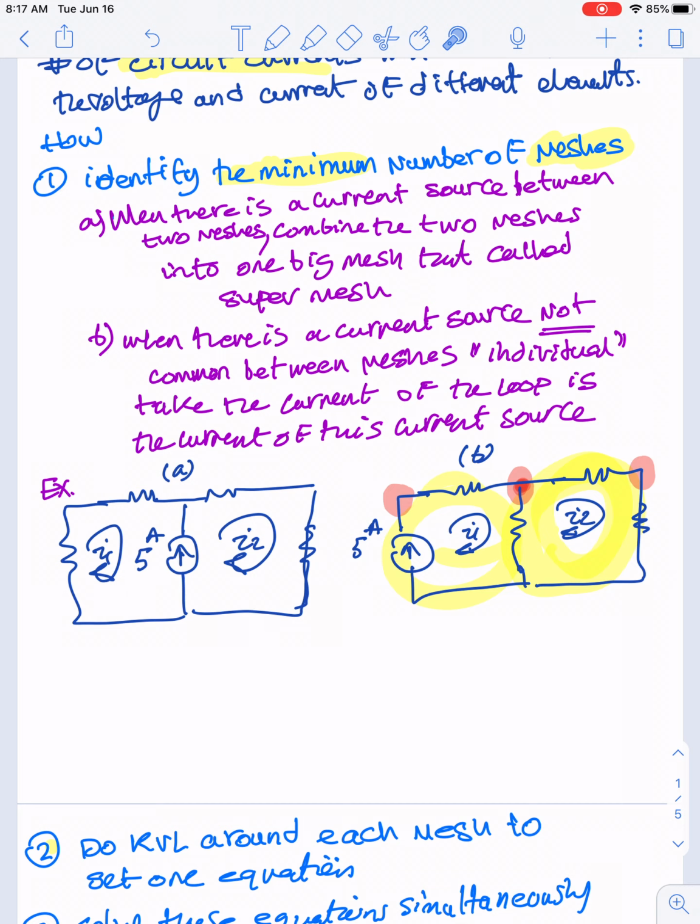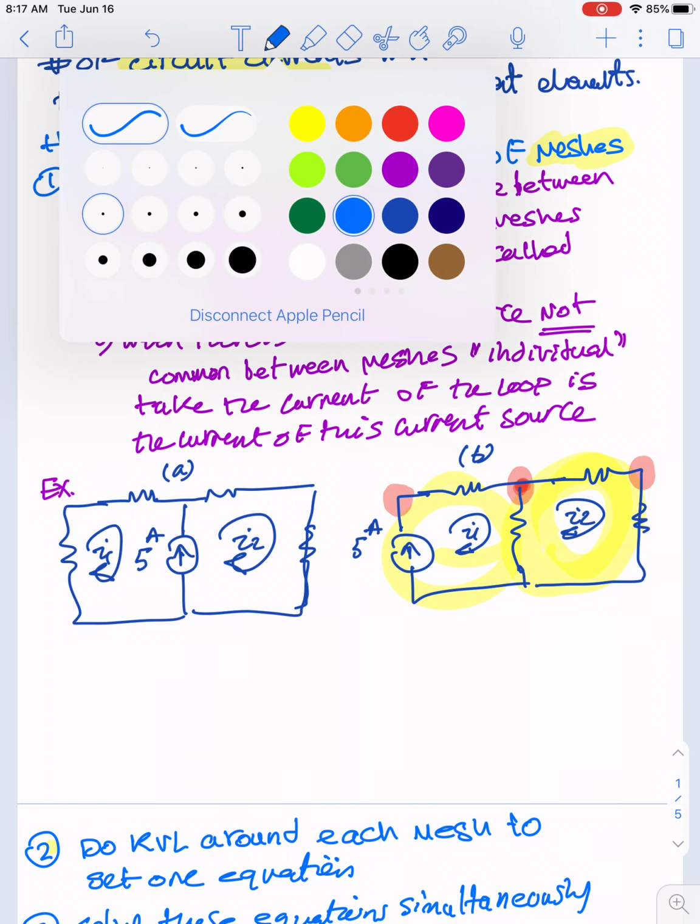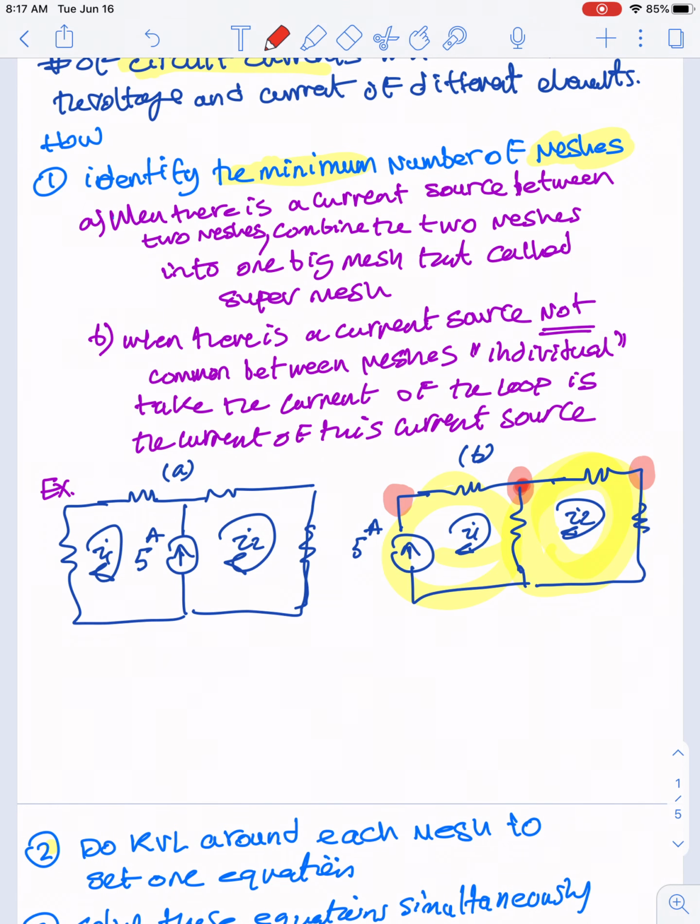The current source is common between two meshes, so I will combine these two loops into one big loop. We will learn shortly how to relate the current of the first mesh I1 to the current of the second mesh I2.